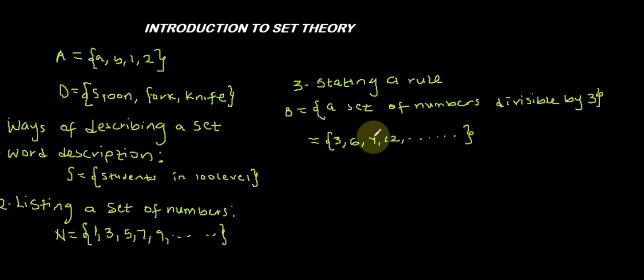Now this is a rule. So the rule can be numerous. It can be a set of even numbers, a set of odd numbers, and so on and so forth. So this is another description of a rule. Let's say we have a set B, 9 less than or equal to x less than or equal to 13.